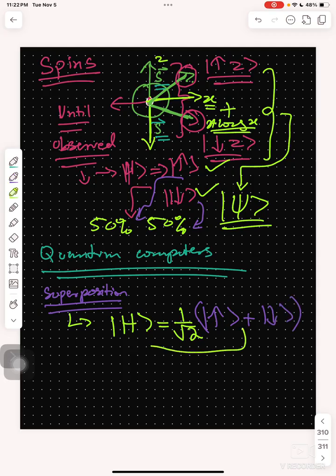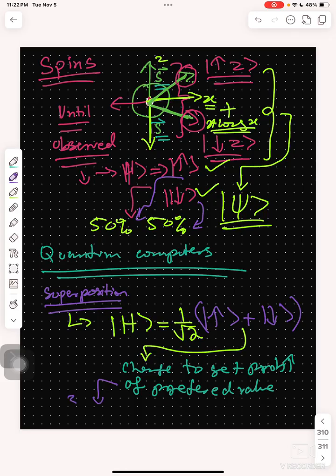This could also be changed to get a high probability of the preferred answer, the preferred value, which could be that we make it square root of 3 over 2 for the upper one if you want the upper one, and 1 over 2 for the bottom one.